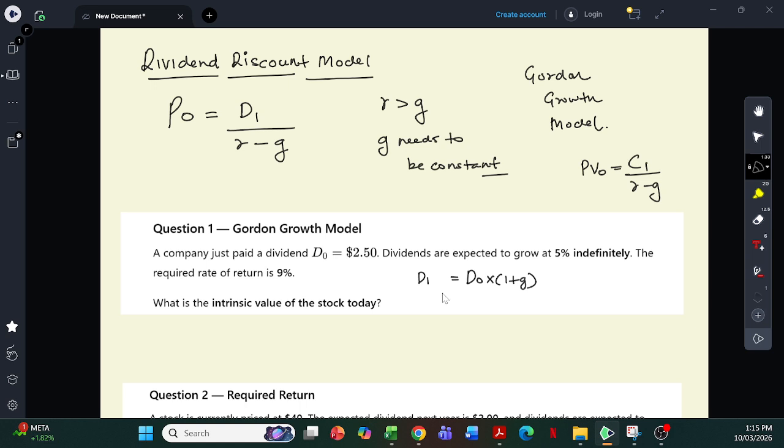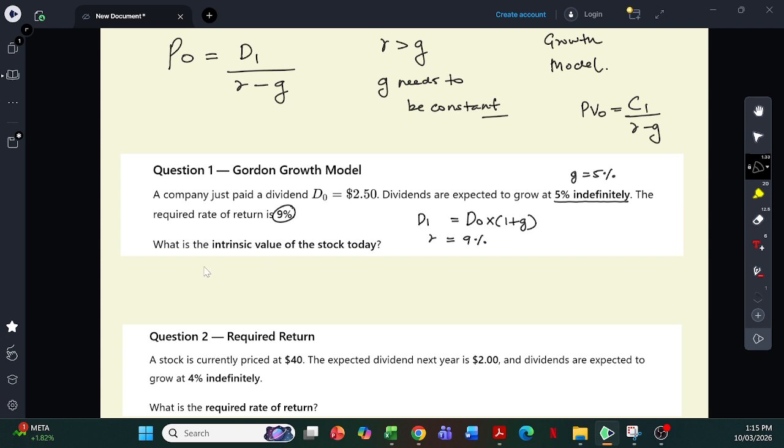Now if we do this question, we know that the required return is 9%, R is 9%, and it also provides that the growth rate is going to be 5% indefinitely. So G is 5%. Now for us to find the intrinsic value of the stock today, we can simply use our formula, which is P0 is equal to 2.50 multiplied by 1.05 divided by 0.09 minus 0.05, and that would be our answer.